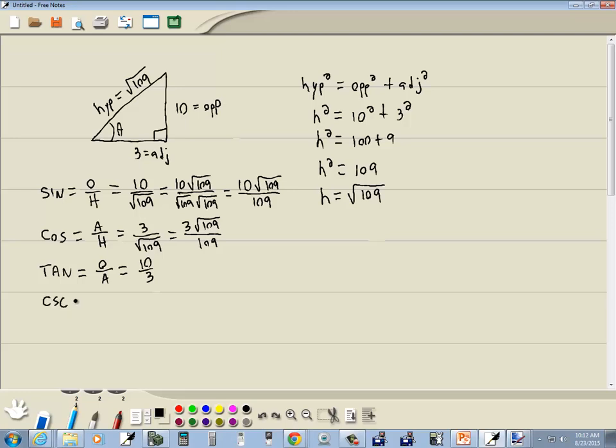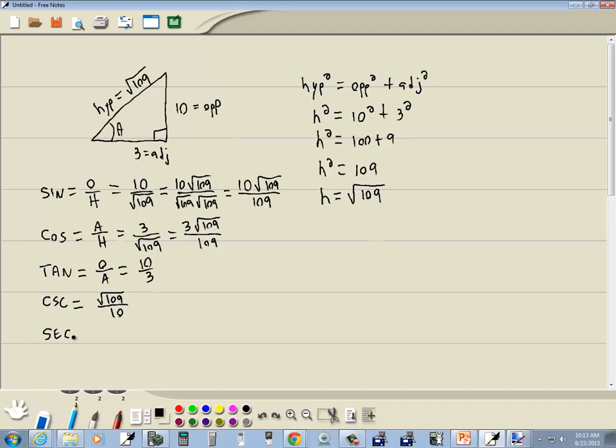Cosecant. Now cosecant goes hand in hand with sine, and it's sine flipped. So you can pick any fraction here to flip. The easiest one to flip is this 10 over square root of 109. So cosecant will be square root of 109 over 10. That's reciprocal. Reciprocal means fraction flipped.